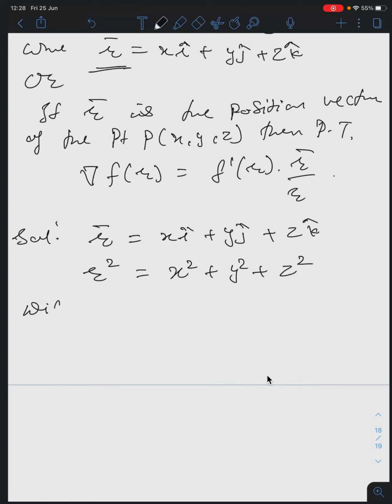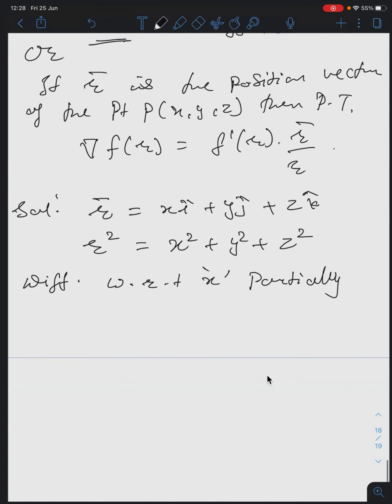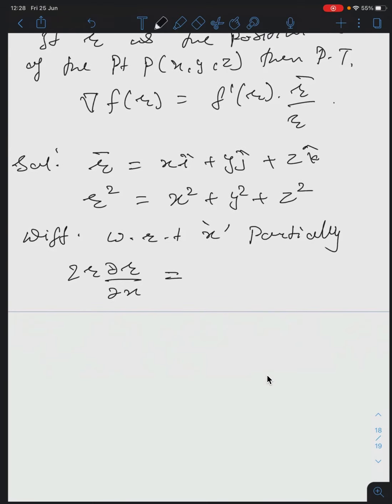Now let us differentiate r square with respect to x partially. What will you get? 2r dou r by dou x. And on the other side, you have x square, y square, z square. Differentiating with respect to x partially, you will get only 2x. So you got the value of dou r by dou x: 2 cancels, x by r you will get.